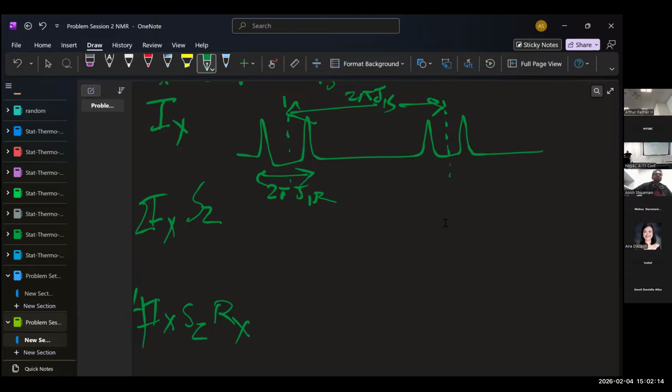Only one doublet? What do you expect for the IS coupling? The antiphase. So the big coupling is antiphase. The IR coupling is in phase.